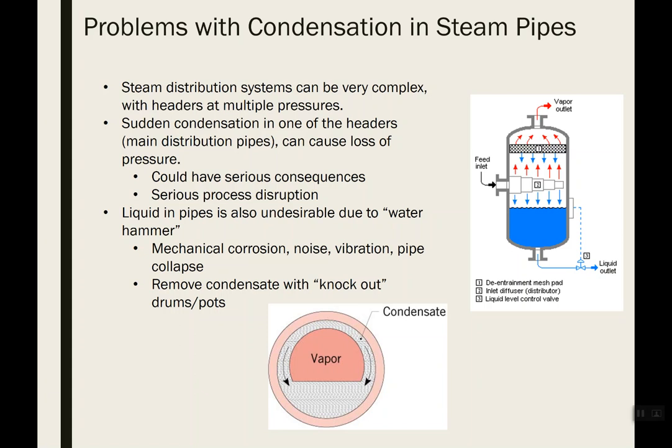So in chemical systems, they make a pretty active effort to remove any condensation that builds up with something called a knockout drum or a knockout pot. There will be a place in the line where there's a little vessel, and that vessel will allow fluid to condense, and then every once in a while your control system or a person will open up a valve to drain all that out.